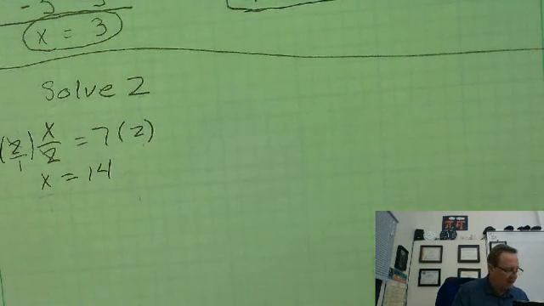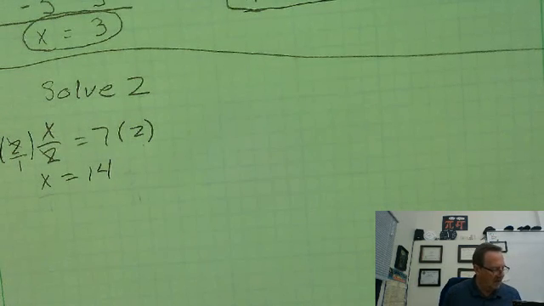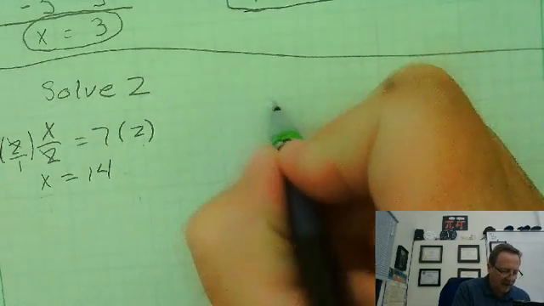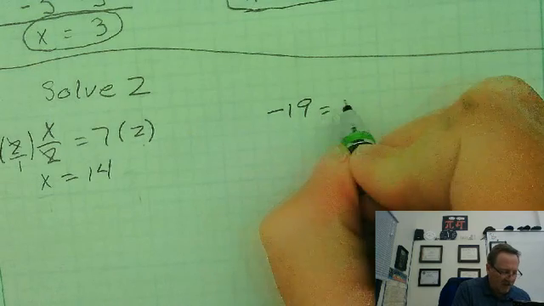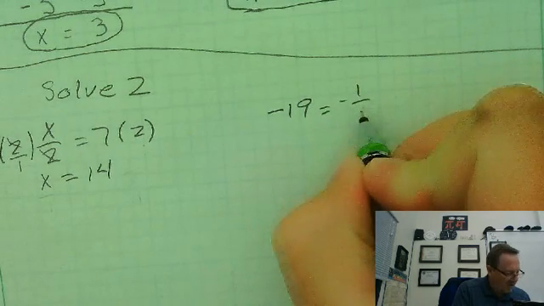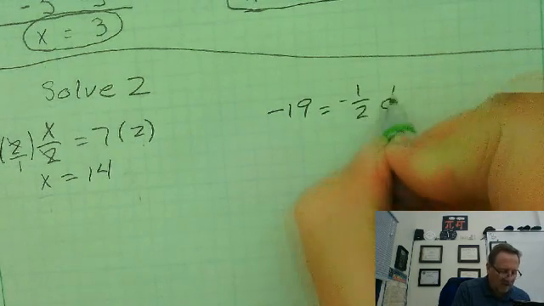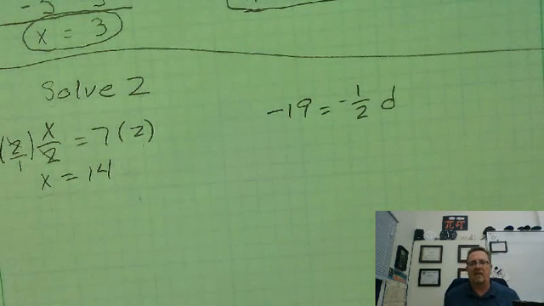Let's do another problem. What's the hardest one there? I think 20 actually looks harder than 21, so let's try number 20. That one says negative 19 is equal to negative 1/2 times d. Groovy.